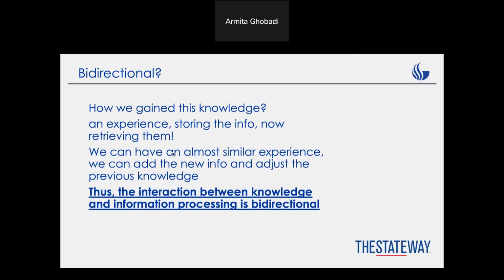For example, you had knowledge about different accents and dialects, but you needed to interact with a new person to understand their nationality, then add the new information to your previous information to understand, for example, I'm Iranian, and I'm not Hispanic, I'm not Italian or any other nationality. So this is all about being bidirectional.